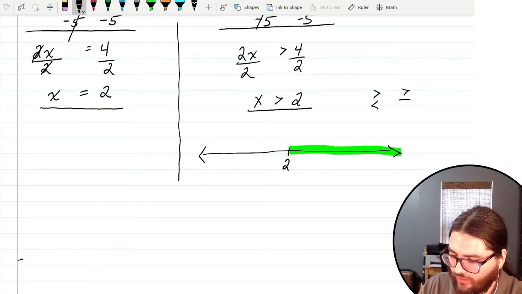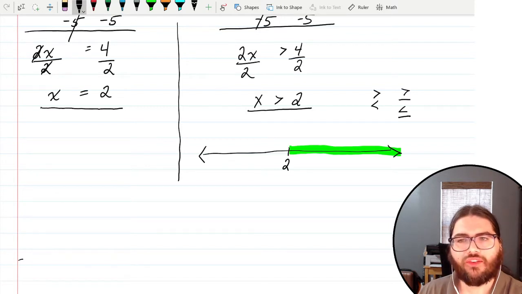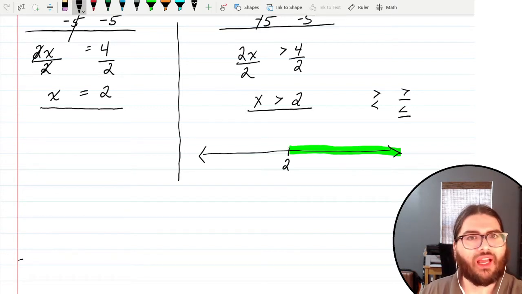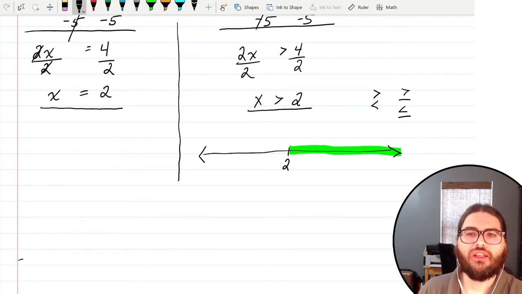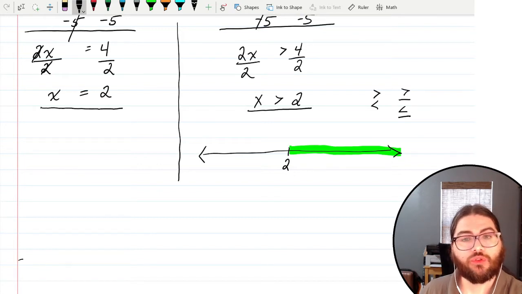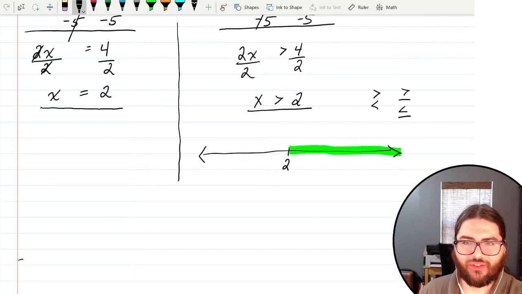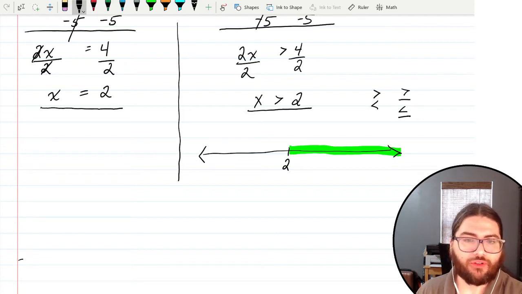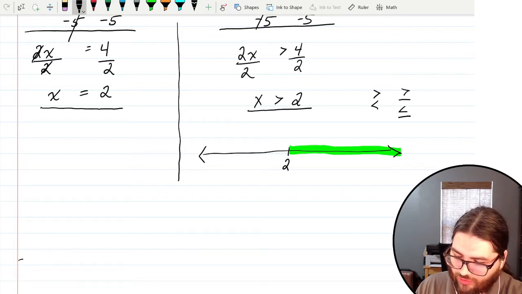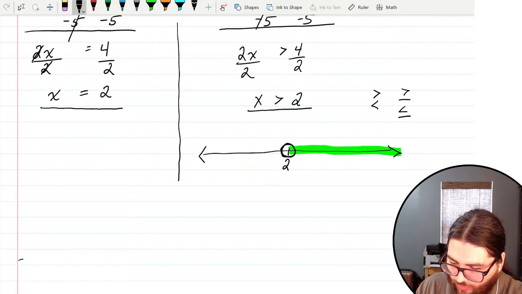These two on the right are greater than or equal to, less than or equal to. Notice the line underneath that adds the or equal to the symbol. If I have a greater than or equal to, less than or equal to, I am allowed to use 2 exactly. Whereas if I don't have that symbol, I'm not allowed to use 2 exactly. So I need to make a mark on my number line which shows, am I allowed to use 2 exactly? And in this particular case, I am not. I'm going to make an open circle to show that.